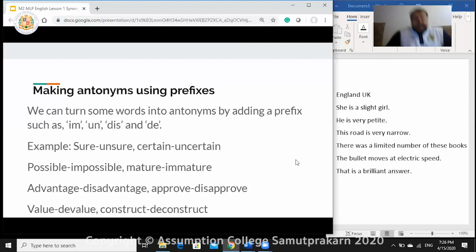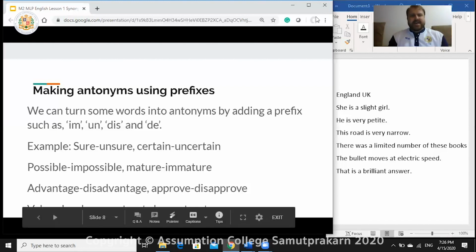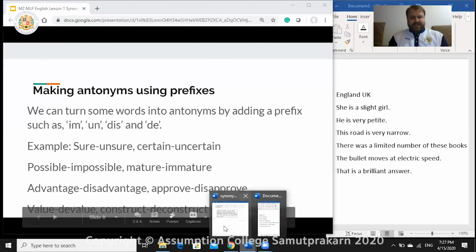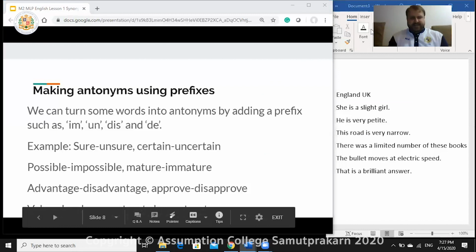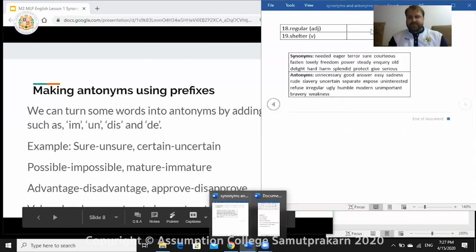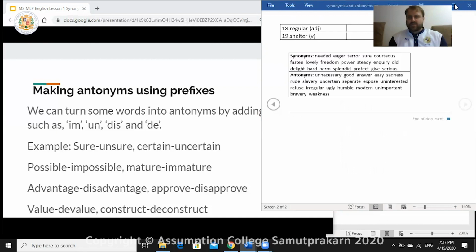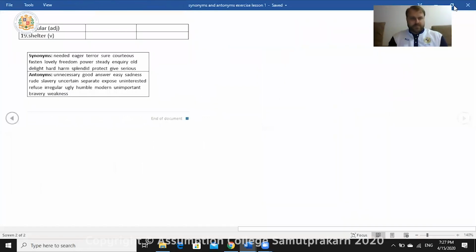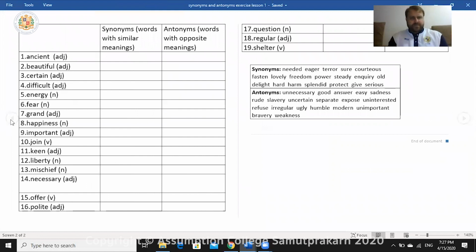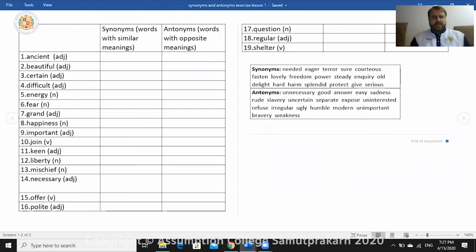Okay, so let's have a look at an exercise. Let's have a look at our exercise. So take out your exercise. You can draw on there, so you can write on there. Okay, so what we have here, we have 19 words.